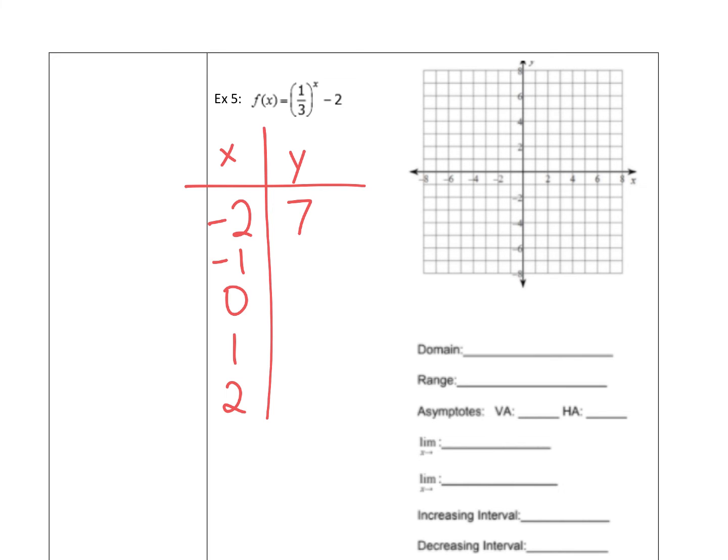Everyone get 7? Okay, good. What about -1? 0? 1? 1.6? And -1.8. Cool. Anybody get anything different? All right, I like it. We'll go ahead and plot these numbers.